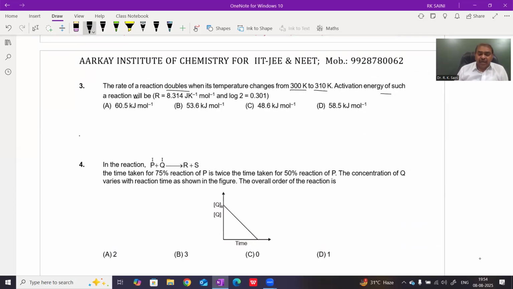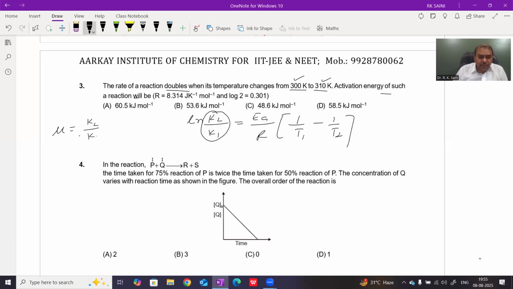We know that the ratio of rate constants at temperatures differing by 10 degrees is known as the temperature coefficient, and we write the integrated rate law equation at different temperatures: ln K2 upon K1 equals EA upon R, 1 upon T1 minus 1 upon T2. What do you mean by temperature coefficient? It is the ratio of the rate constants at a difference of 10 degrees temperature. Therefore, the temperature coefficient is 2.